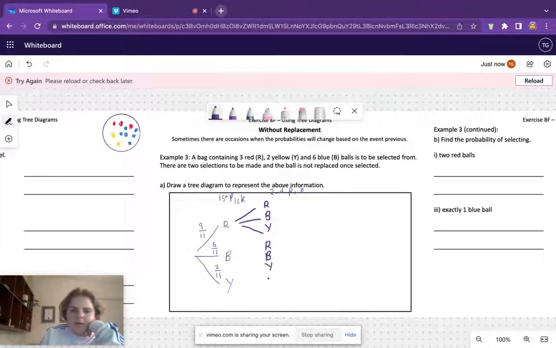And we could get red, blue, yellow again, red, blue, yellow.